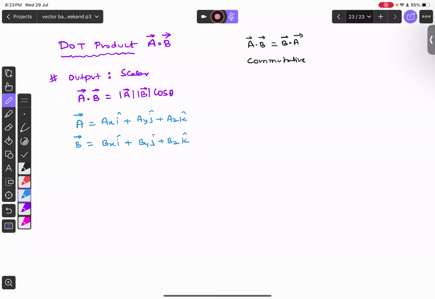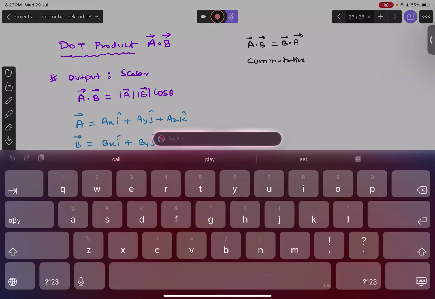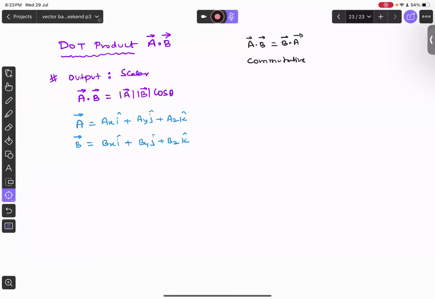Now, there's a proof of all these things. Somehow you find the length of vector A, which we can find if we know it in terms of the components.